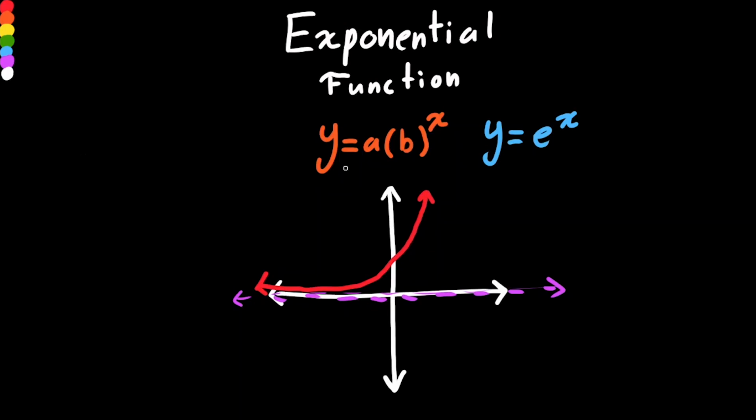That is because even if your x values are really, really small, the y values will never actually reach a certain number. In this case, the asymptote is at y is equal to 0, because no matter how big or how small a number you plug into x, any positive number to any power will always be greater than 0.